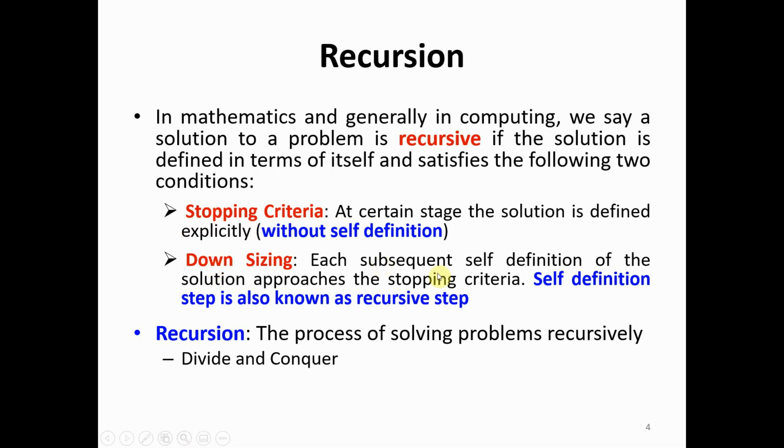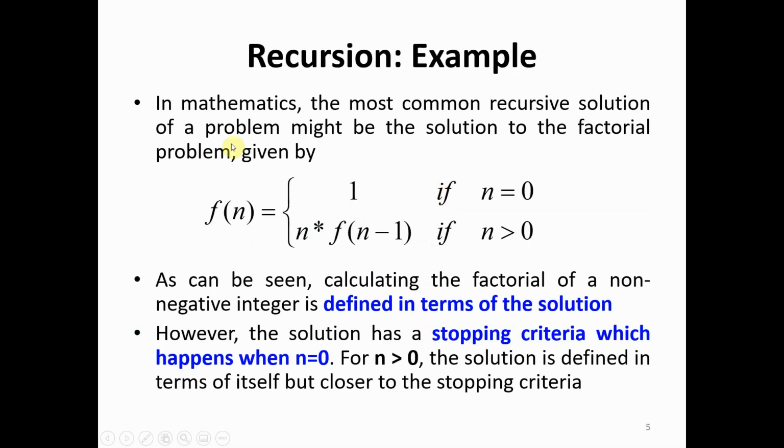In the downsizing, this is the part where we have the self-definition, and it's also known as the recursive step. In the stopping criteria, we don't have any self-definition. We just solve the problem explicitly. This is the smallest problem that we can get, and at that point we provide an explicit solution. It's a little bit vague at this point, I know, but let's see what this means when we talk about examples.